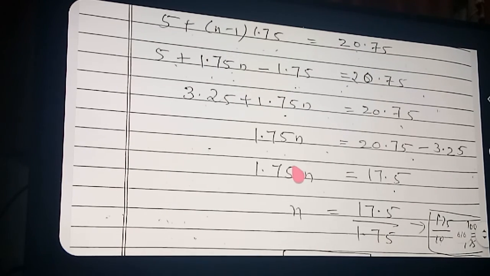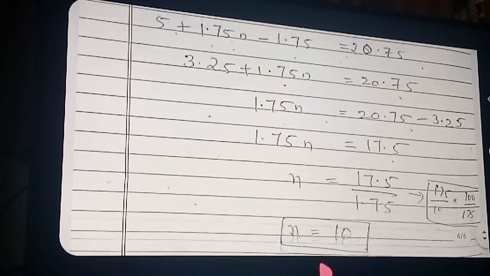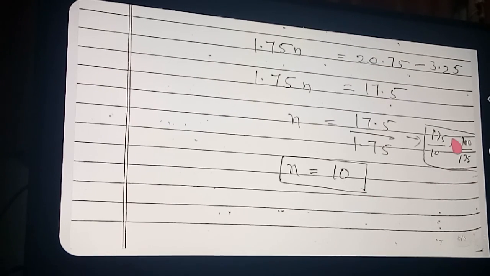Therefore 1.75 n is equal to 20.75 minus 3.25, that is 17.5. So n is equal to 17.5 divided by 1.75. So what is your answer? n is equal to how much? 10.